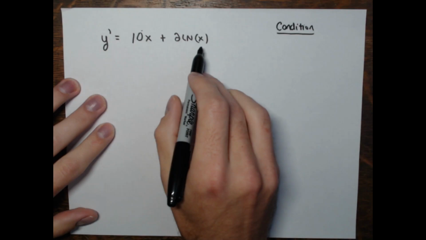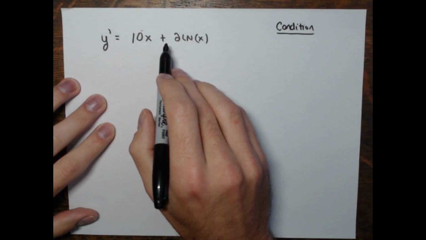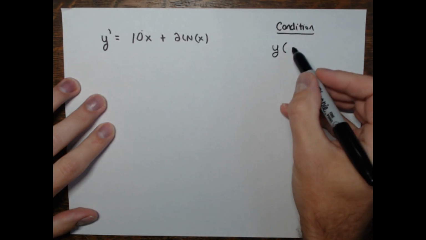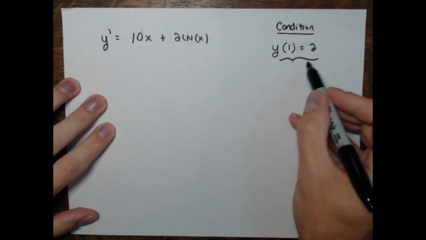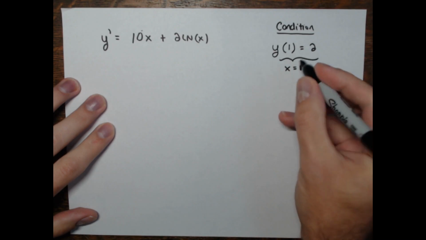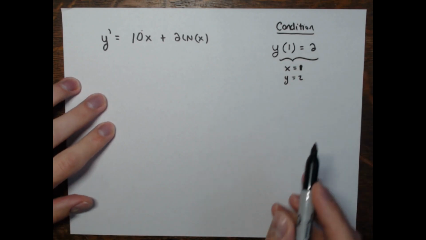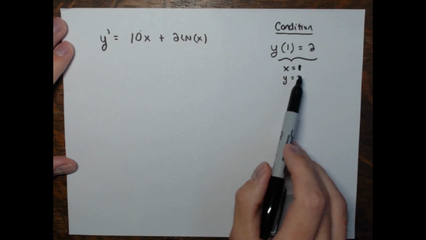We're trying to find a function y of x that satisfies this, but also satisfies y of 1 equals 2, right? All this means is that when x equals 1, y has to be equal to 2. Input 1, output 2. So we need that to be satisfied as well by our solution.